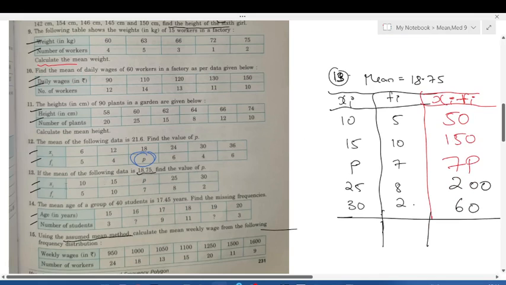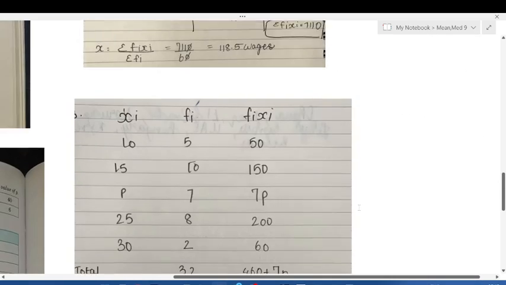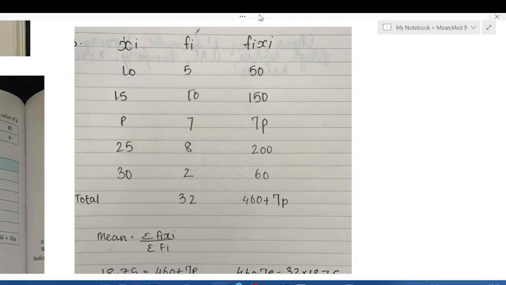13th question. Look at the 13th one. In the 13th question, mean value is given, xi, fi given. In xi, one value p is missing. That is what we are supposed to find now. P. Look here. Write the table xi fi. 10 into 5, 150.